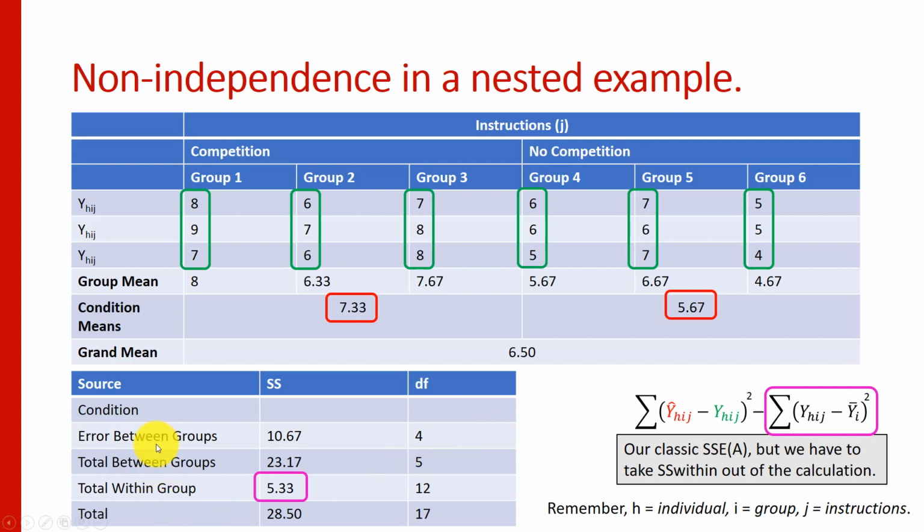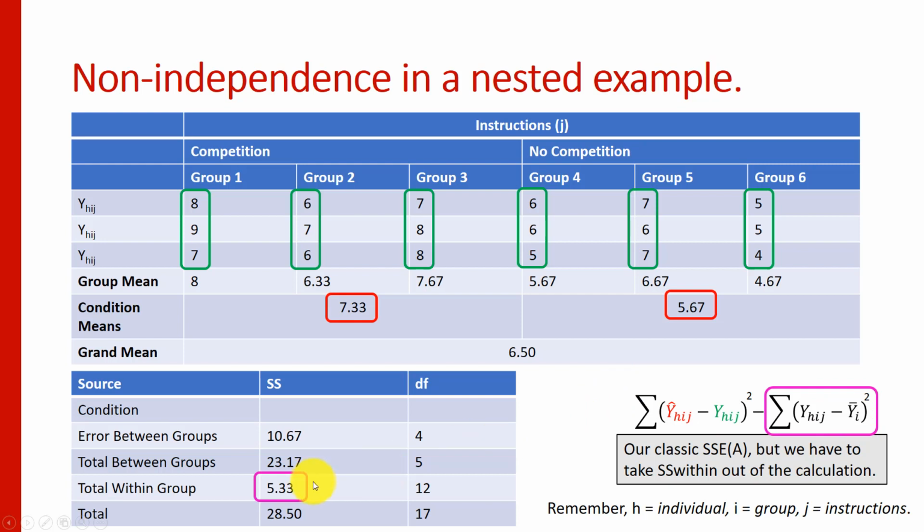In order to calculate the error between groups, we need to take the estimated value for each person in each group minus the actual score for each person in each group, get those squared errors, and subtract out the sum of squared errors where we take each score for each person minus the average for each group.